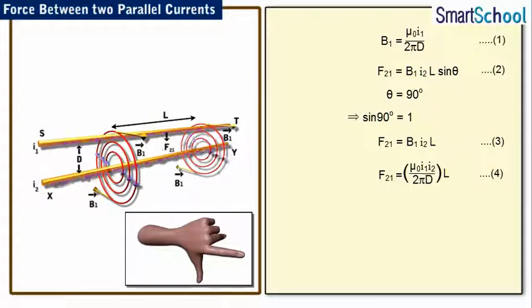If the central finger represents the direction of the current and the four fingers represent the direction of the magnetic field, then the direction of the thumb represents the direction of the force acting on the current-carrying conductor. Thus, the force F21 is directed towards the conductor XY.